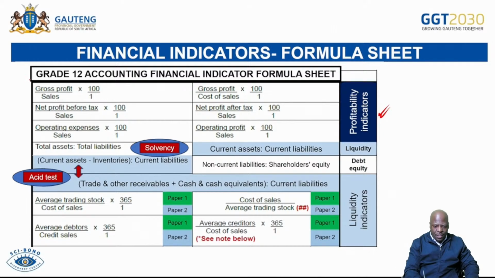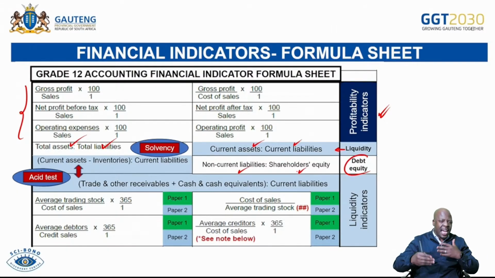And then after that, you have your solvency financial indicator, which is your total assets as to total liabilities. And this one here is your current ratio, liquidity, current assets as to current liabilities. And just beneath it is your debt equity, which is your non-current liabilities as to shareholders' equity.